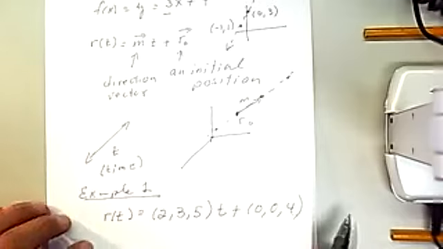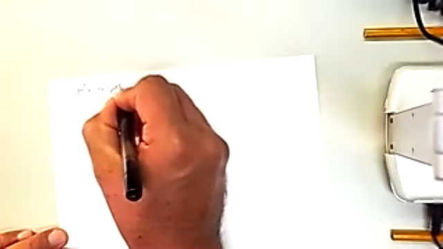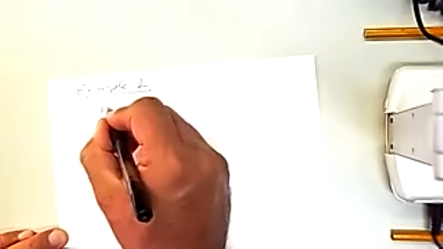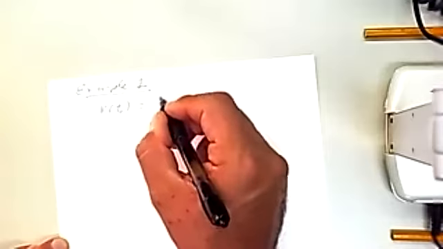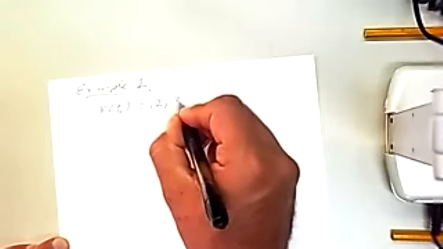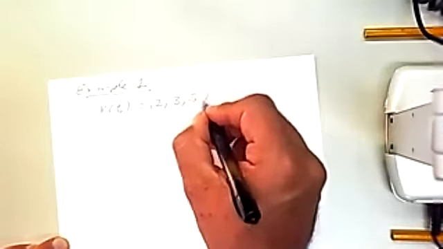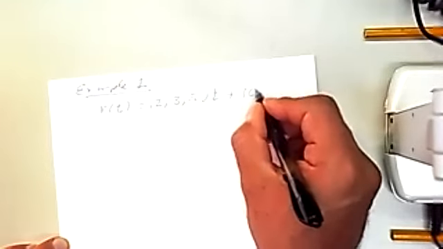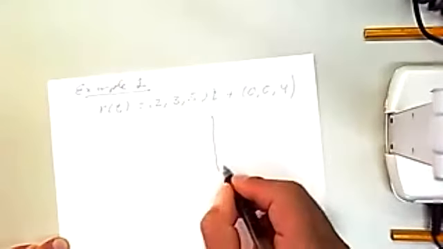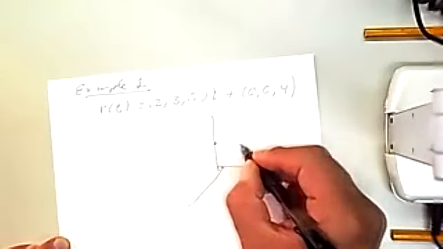So let's do this on a new page. Again, example 1, r of t is going to be (2, 3, 5) t plus (0, 0, 4). So in this case, we start out at (0, 0, 4).